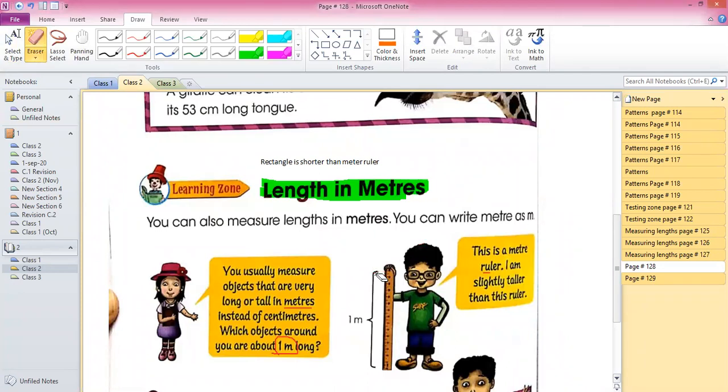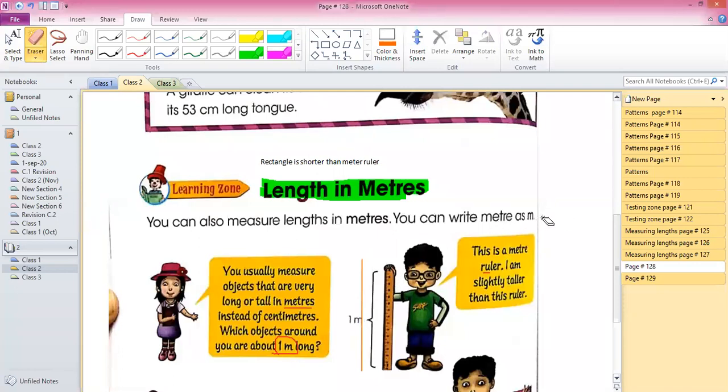How will we see, guys, whether the length of any object or any person is taller or not? It's very easy. Let's suppose I draw a line here. Okay, now you can see the line, guys. This line is bigger than this ruler.